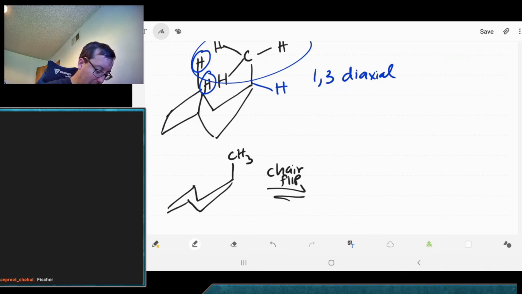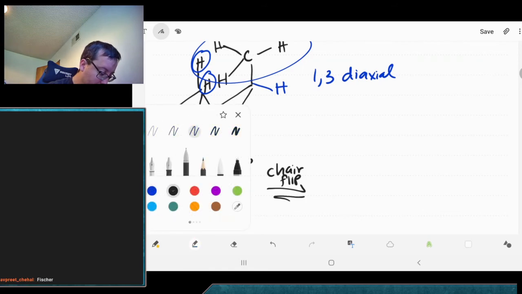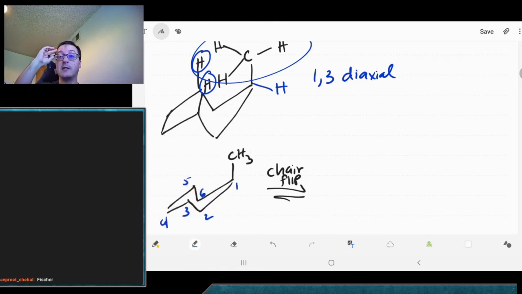You now say, okay, I'm going to say this is carbon 1, 2, 3, 4, 5, 6. You flip them all. Everything that was axial becomes equatorial. Everything that was equatorial becomes axial. And in doing so, we essentially just draw it the opposite way.